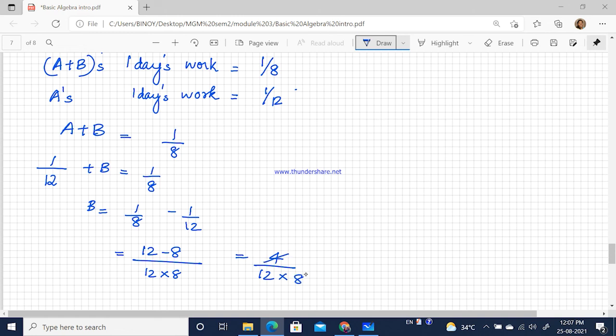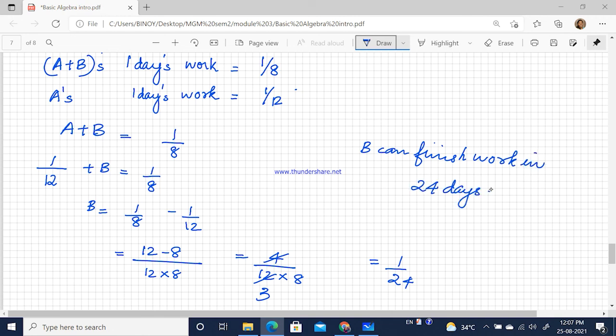So divide. This will be 3, so 1 by 24. So B can finish the work in 24 days.